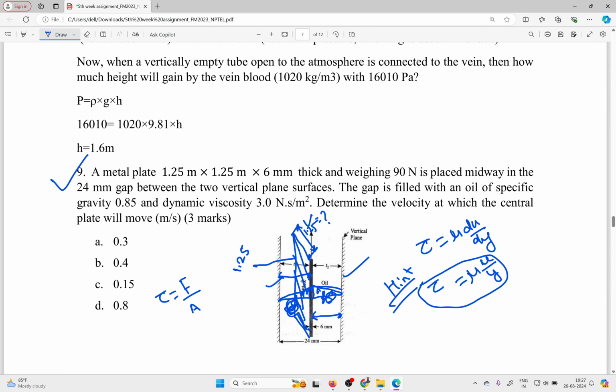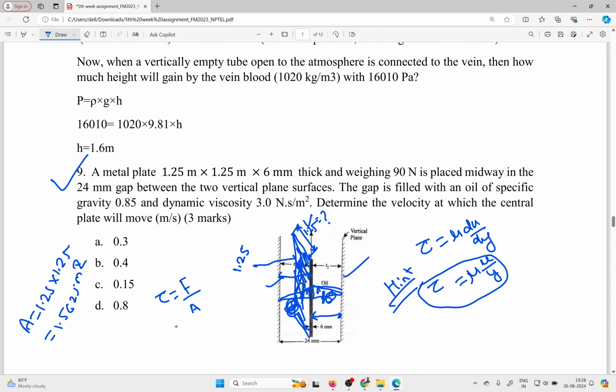The area is the area of the plate, 1.25 into 1.25, which is 1.5625 square meter.